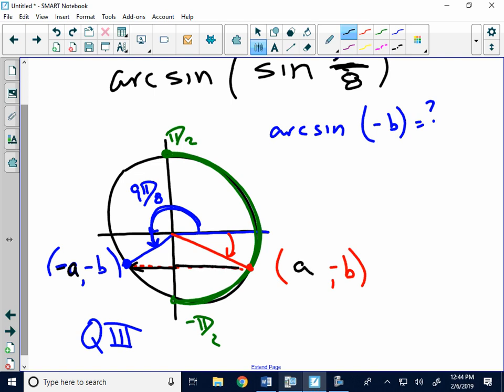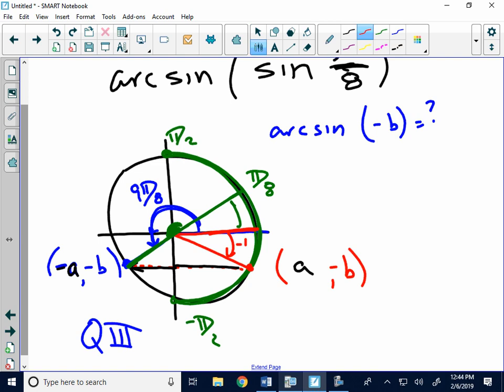Okay, so what is the measure of that red arc? Well, I suppose you could do it a couple of ways. If we backed up and went over here, so we looked at this pi right here, the blue one was 9 pi over 8. This green one would have to be 1 pi over 8. And the red one would have to be negative pi over 8.